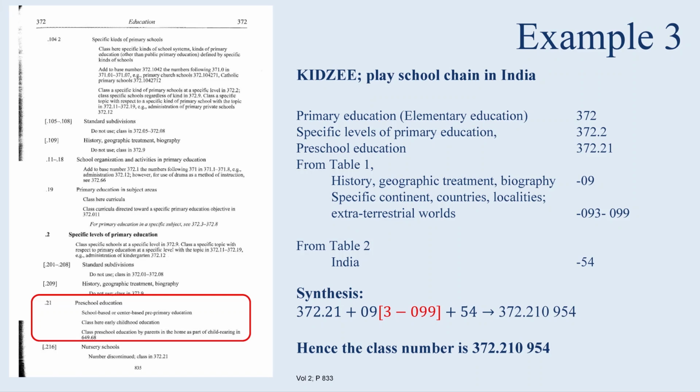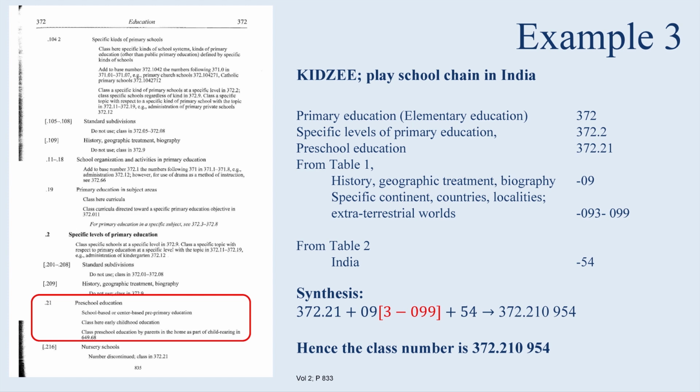So Kidsy is a play school, so it will definitely be under primary education. Under primary education, we have got the number: preschool education is 372.21. So we have got the number for each and every facet.